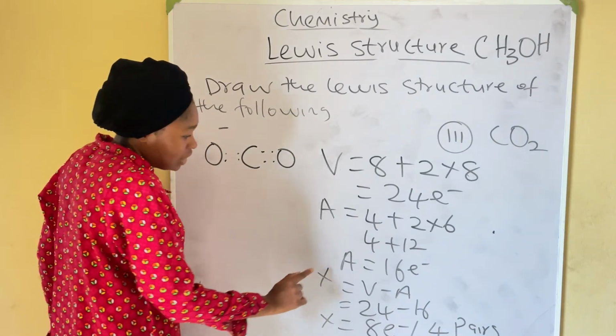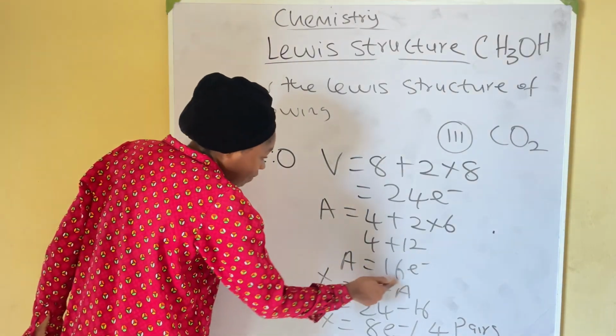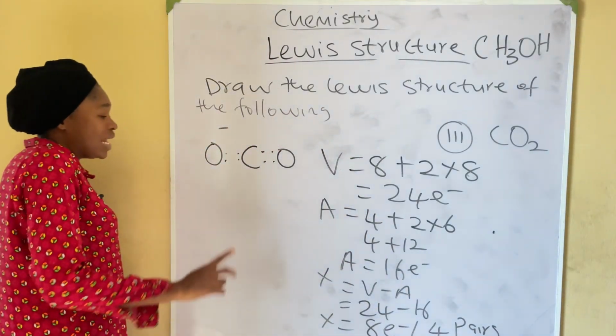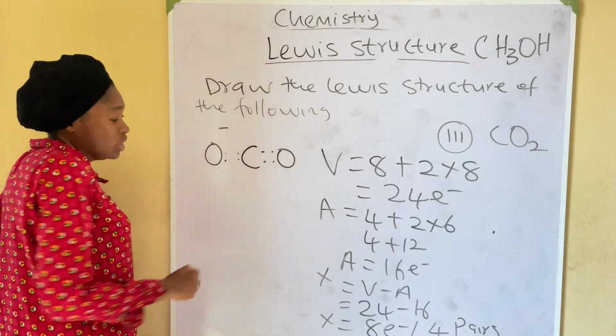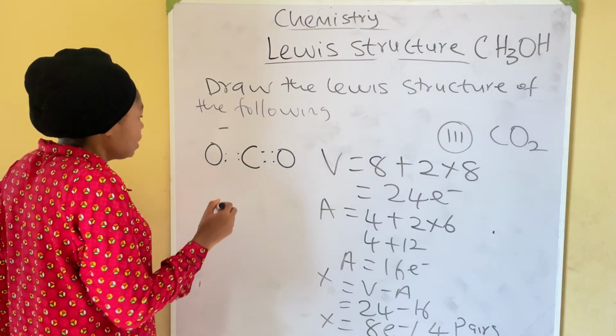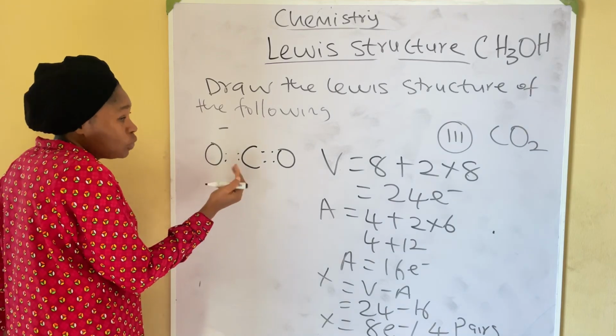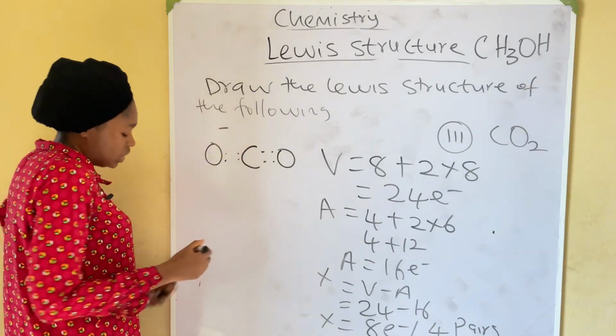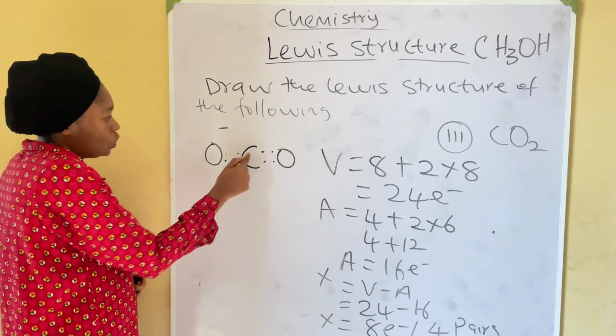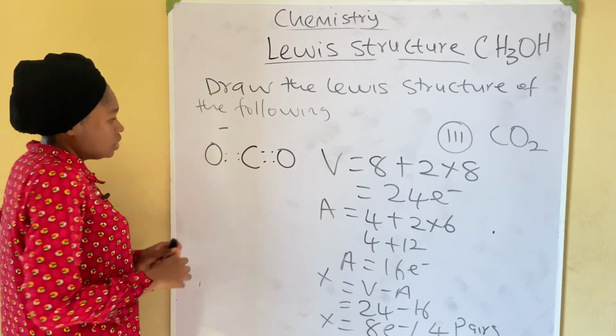So what happens is that we're looking at 16, which is the available electrons. At the end, the total electrons on this molecule must be what? 16. So having done that, I've already put 8 electrons. For the remaining ones, remember, carbon has already attained the octet configuration: 1, 2, 3, 4, 5, 6, 7, 8.